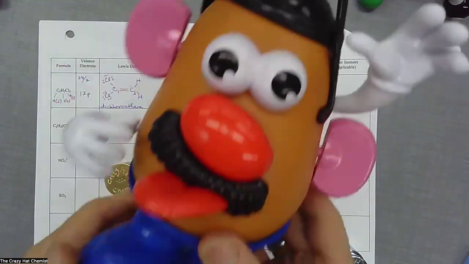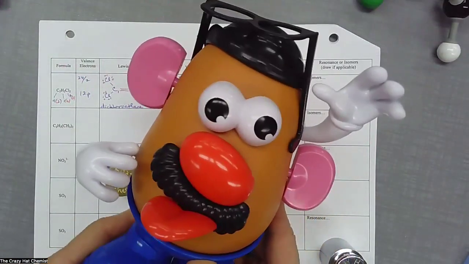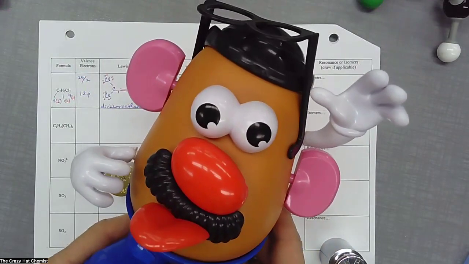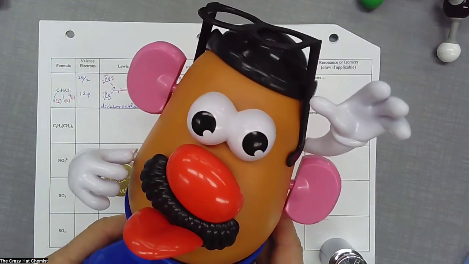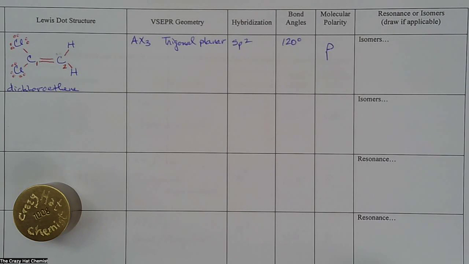This is very similar to isomers. It's the same Mr. Potato Head, it's just that you take away parts of him and put them back in other places. So that is what a geometric isomer is. There are different kinds of isomers, but for right now, we're talking about geometric isomers.